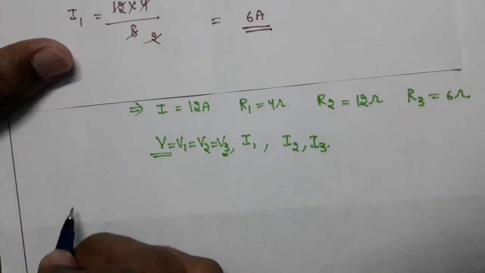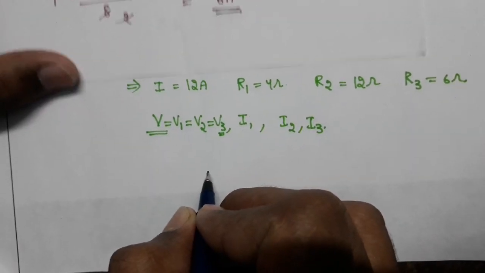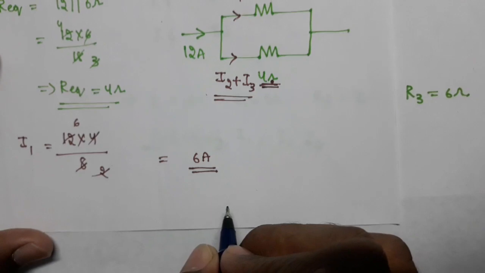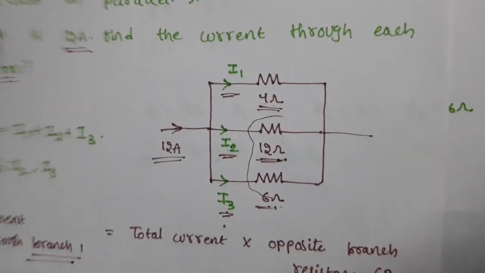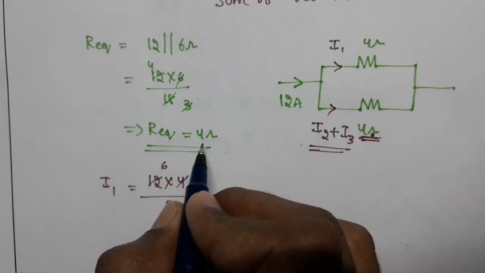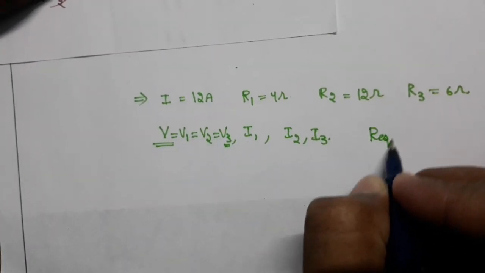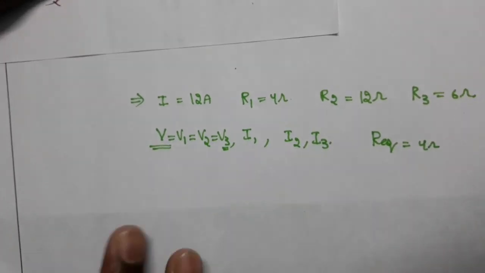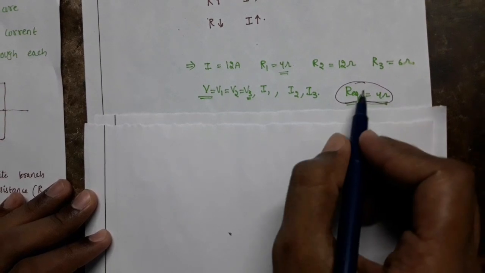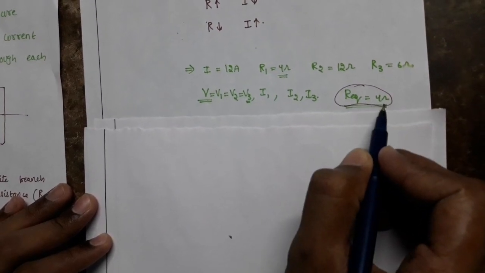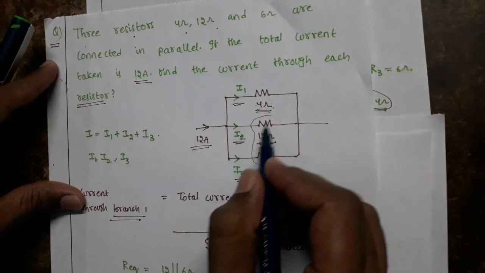Next, we have got the equivalent resistance of 4 ohms. So R equivalent equal to 4 ohms. Friends, this is the R equivalent of 12 ohms and 6 ohms connected in parallel.